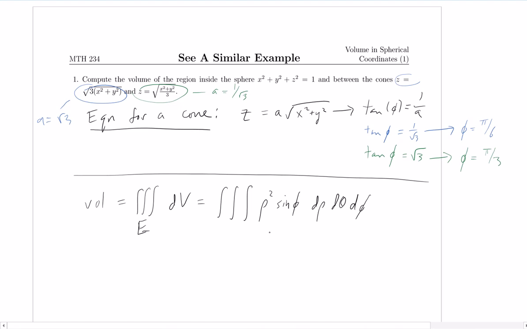And the bounds now. Rho goes from 0 to 1 because it's inside the unit sphere. Theta goes all the way around, 0 to 2 pi. And these last bounds for phi are what we just found. It goes from pi over 6 to pi over 3.